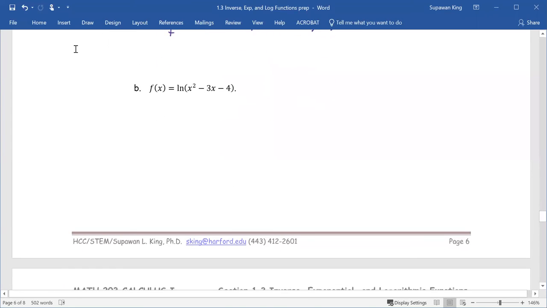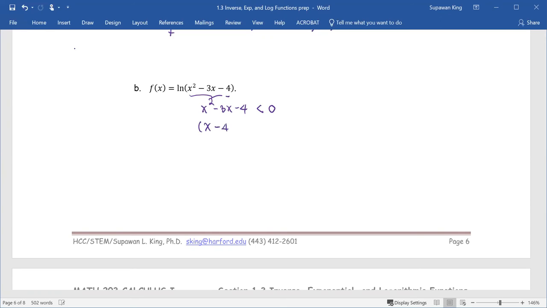Next example, natural log of x squared minus 3x minus 4. We set up the expression x squared minus 3x minus 4 less than 0, and then factor completely to obtain x minus 4 times x plus 1, strictly less than 0.